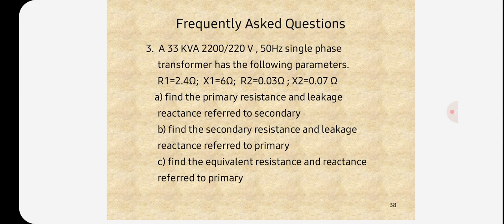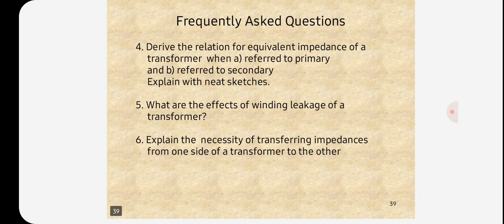Find the primary resistance and reactance referred to secondary, and find the secondary resistance and leakage reactance referred to primary. Find the equivalent resistance and reactance referred to primary. And also we have derived the relation for equivalent impedance of a transformer when referred to primary and referred to secondary. Explain with neat sketches.